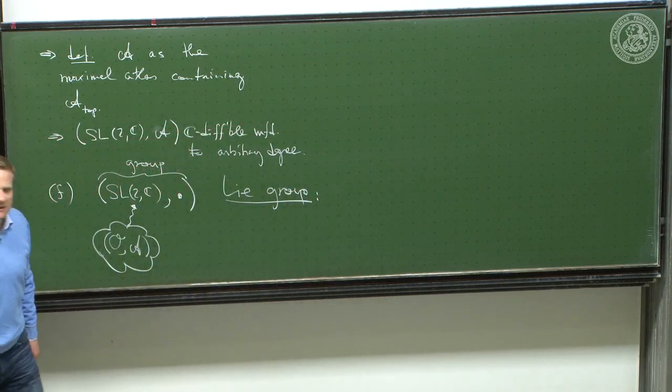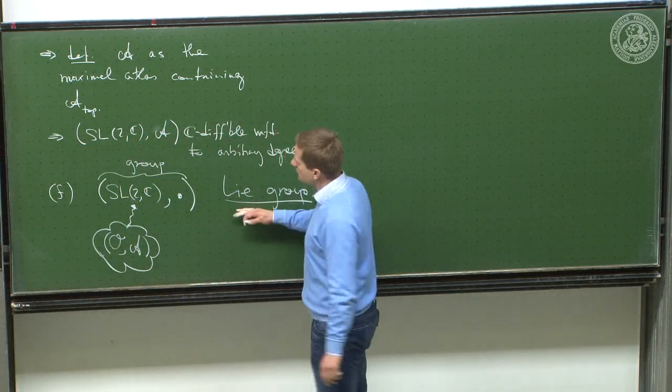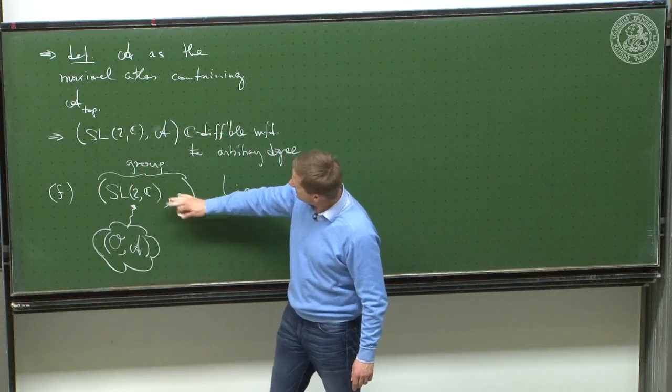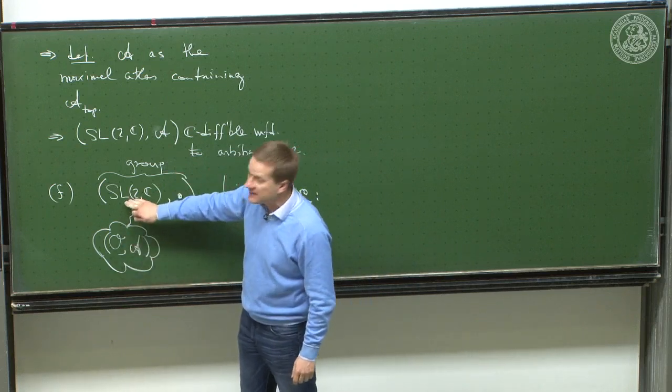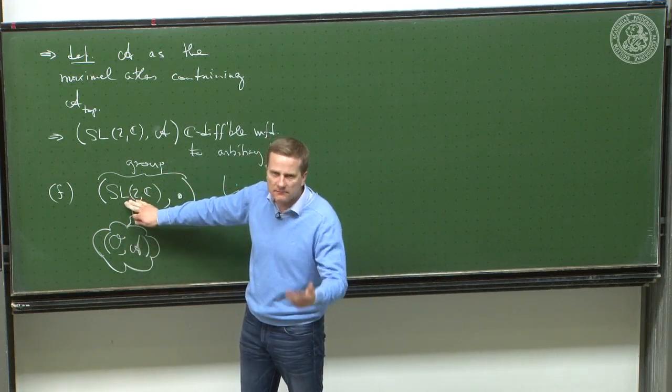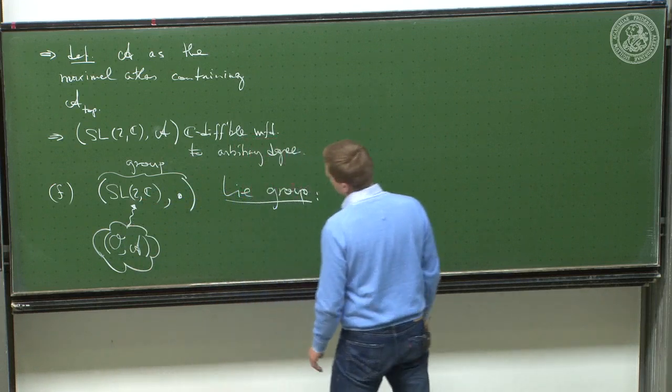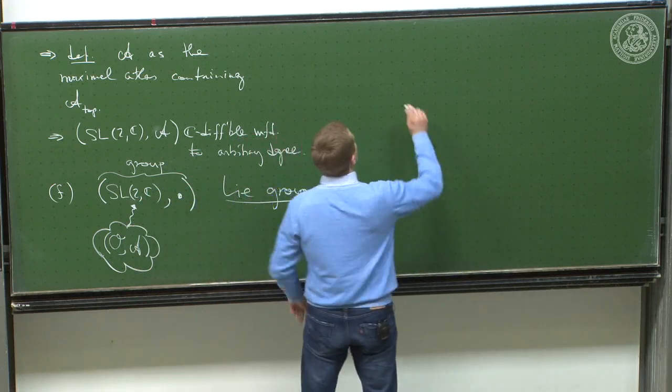Well, there we need to check something. Remember, a Lie group was a set with an operation that together is a group, which we already know, such that the underlying set is a smooth manifold, or arbitrarily often differentiable manifold here. But there was more.